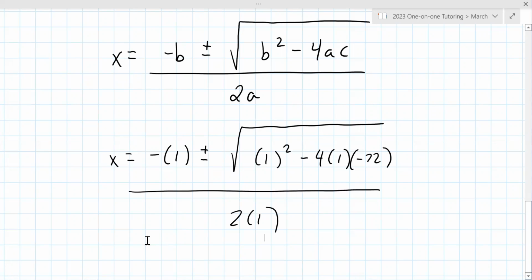So again, let's focus in on the square root here. Can you do the part under the square root for me, please, and let me know what you come up with?